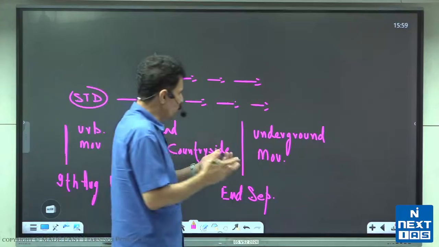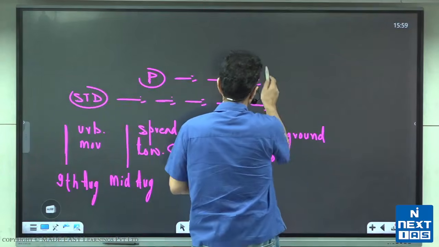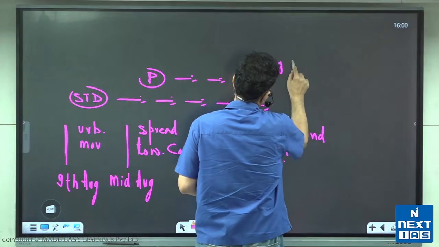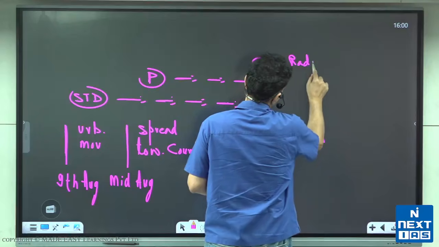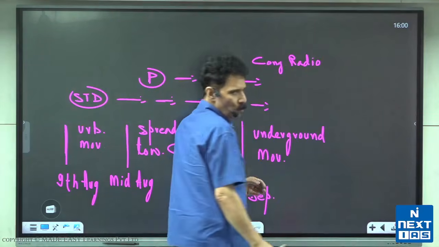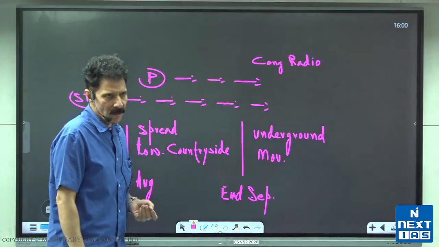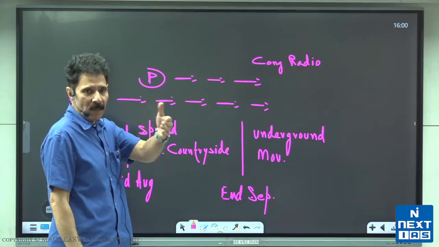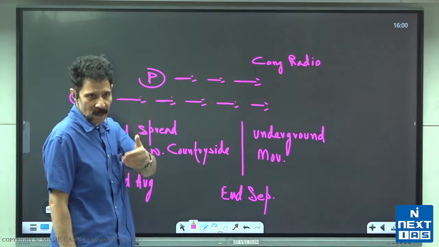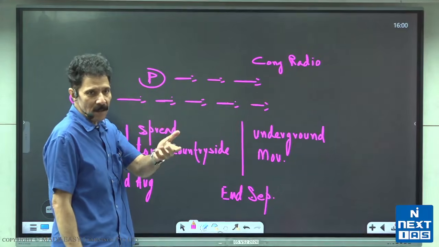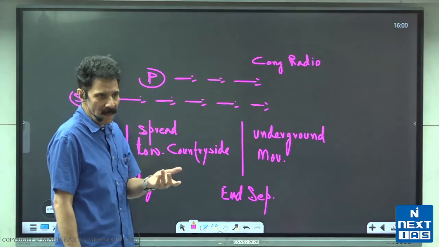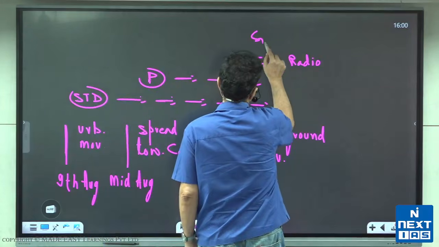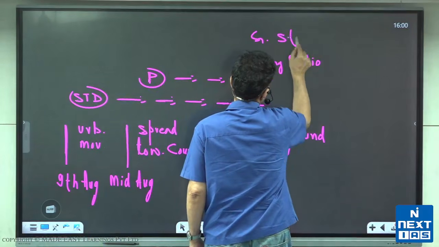So Congress Radio was established, and that was a part of the underground movement. Its name was Voice of Freedom. Maybe you have heard about the guerrilla struggle at Bihar. Some of you are from Bihar also. At the Bihar-Nepal border, under the leadership of Jayaprakash Narayan, that is a part of the underground movement.